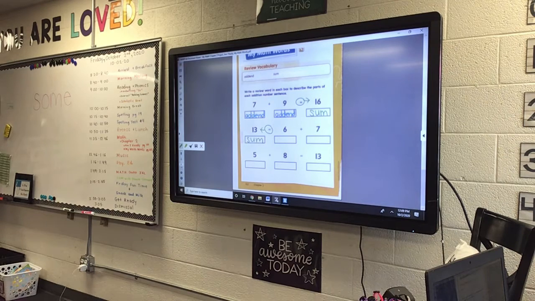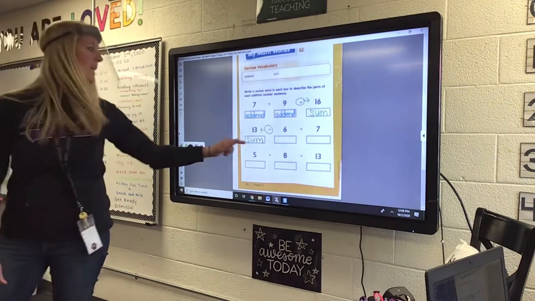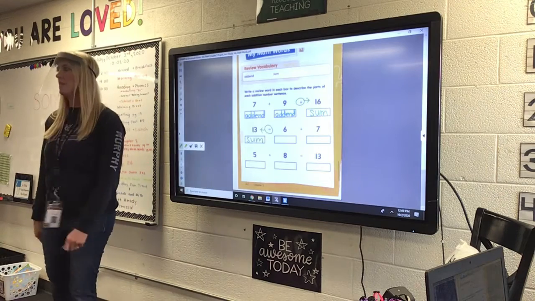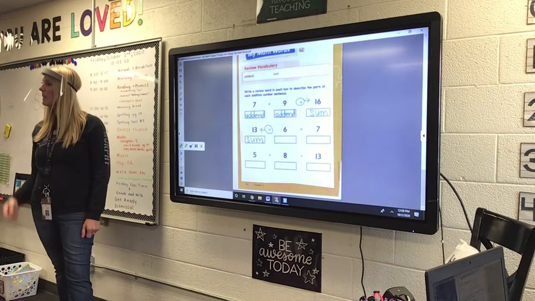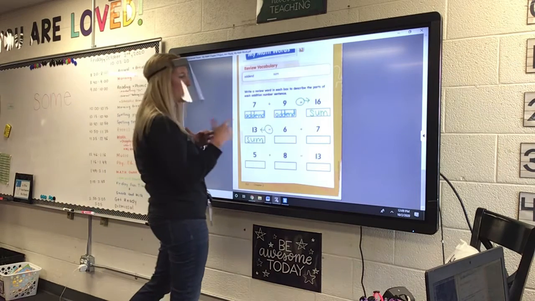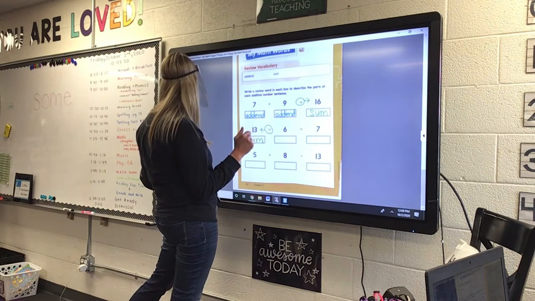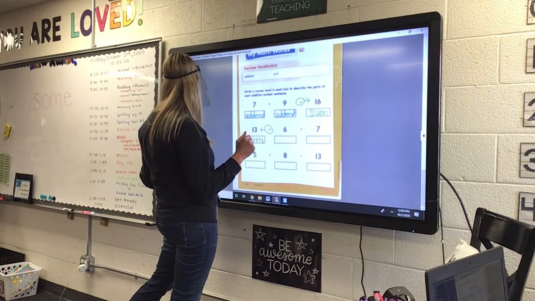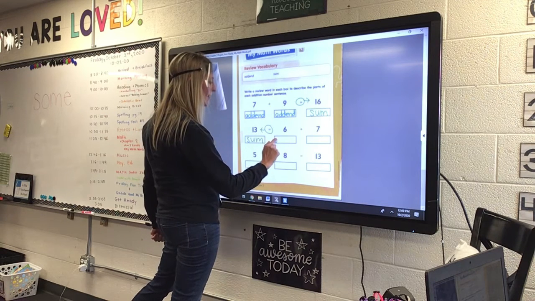Now, if this is the sum, Wyatt, what is the 6 and the 7? They're the add-ins. Good job. Those are the two numbers we're adding together to get to our sum. So 6 and 7 are the add-ins.